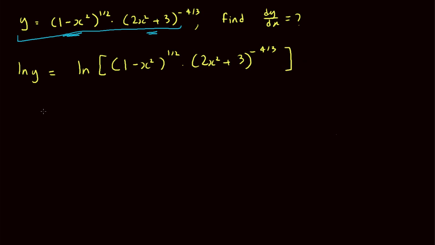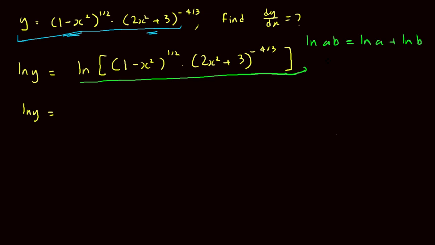Okay, so we're going to simplify this function. One thing about logarithms, if you remember from middle school, high school or college, is that ln AB is equivalent to ln A plus ln B. That's another logarithmic rule you have to remember. And the other rule we've talked about is ln A to the power of n equals n ln A. So that's the power law and the product law.